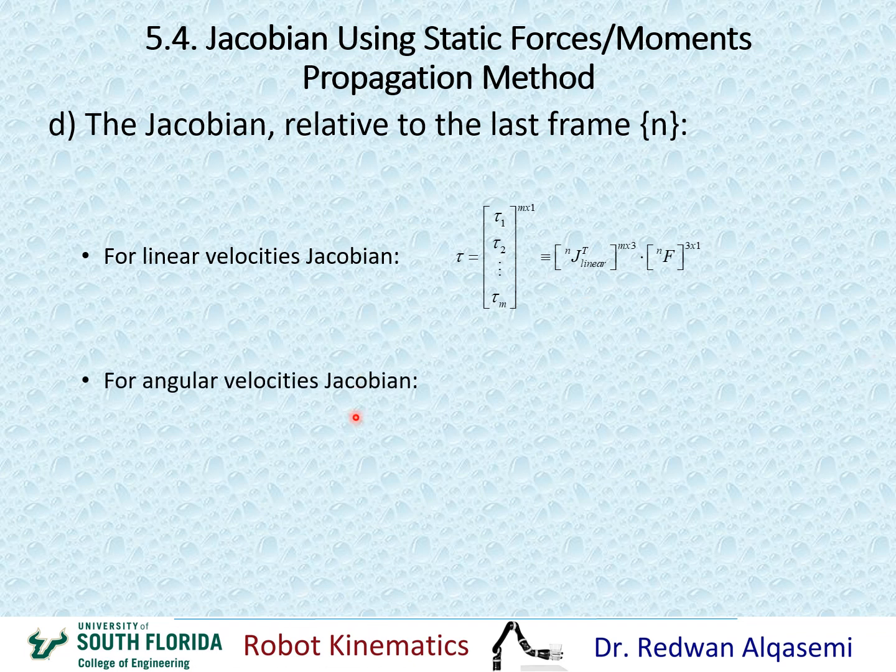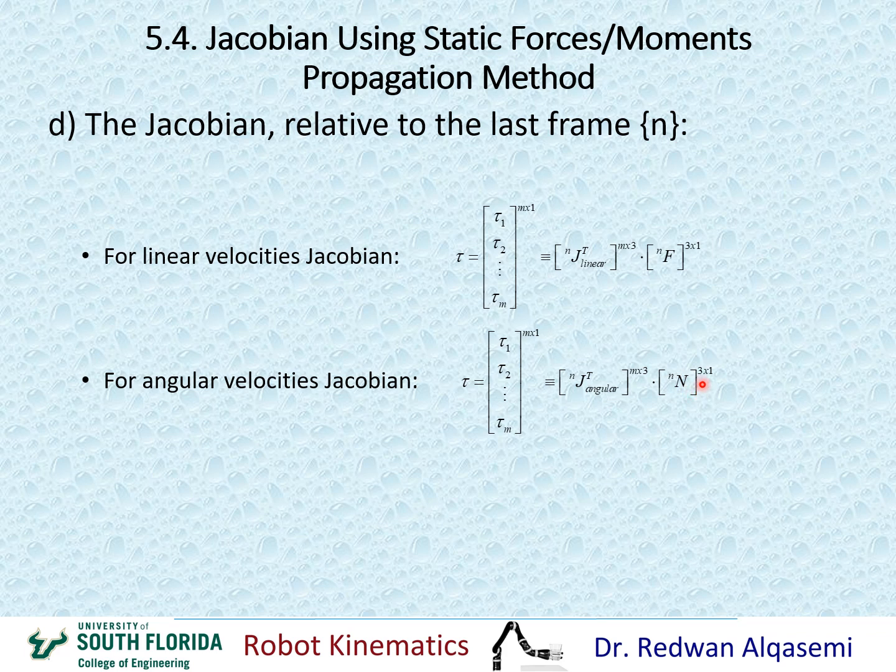Now, if we would like to find the angular velocities Jacobian, again, we use the same quantities for the torques and forces of each one of the joints, the same way we did earlier. We line up these equations and then redefine them again in that format. But now instead of putting the forces, we put the moments. So this vector will be a 3 by 1 vector that includes the moments of frame n.